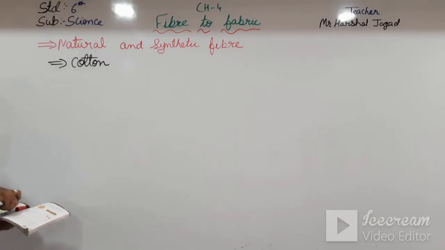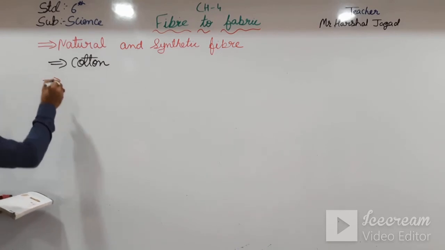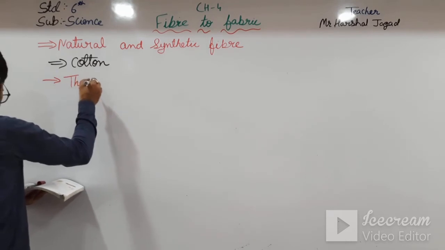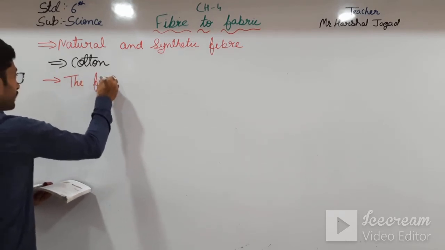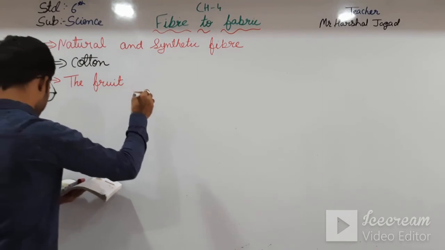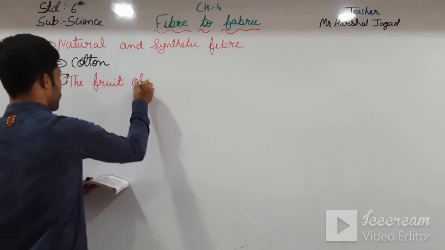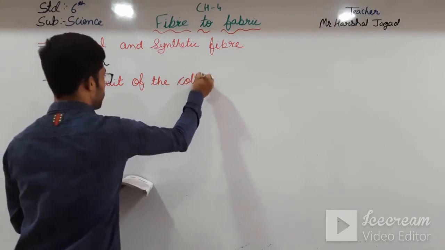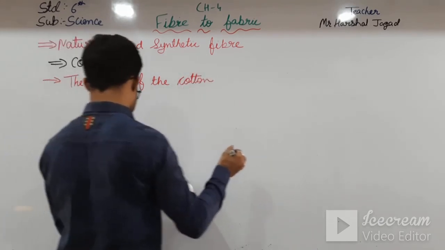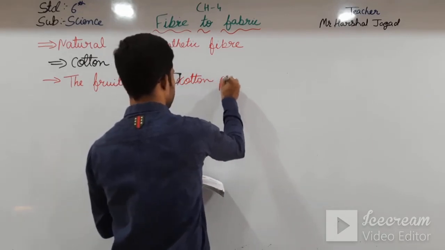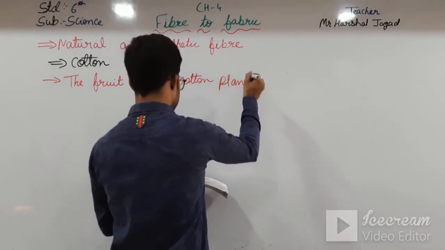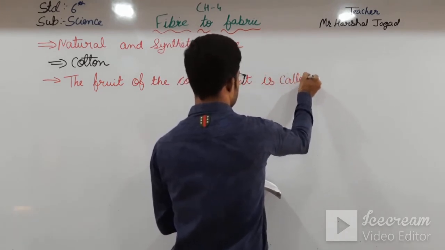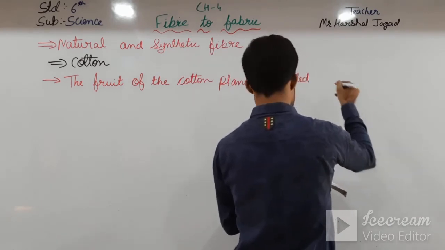I am writing that: the fruit of the cotton plant is called the boll.